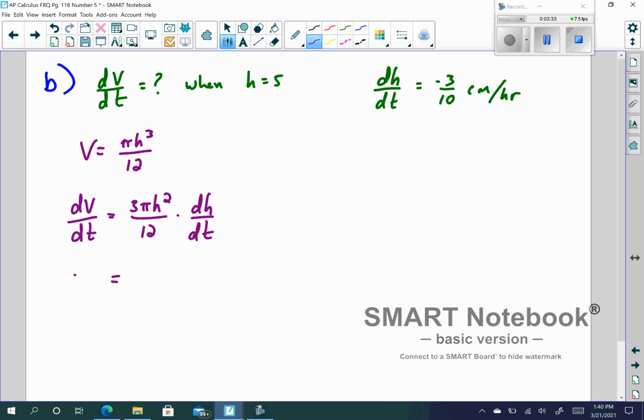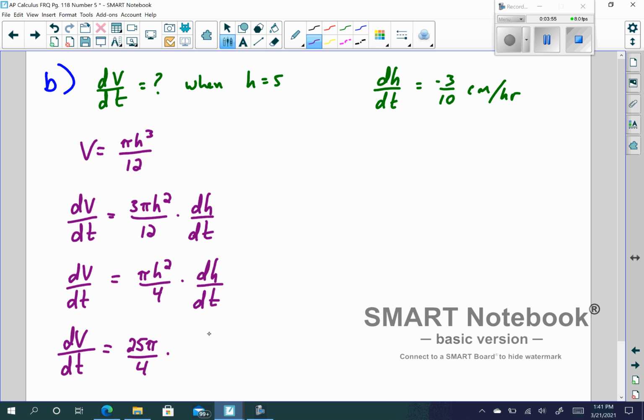And we can simplify this to pi h squared over 4 times dh over dt. And then we'll substitute. So dV over dt is going to become, that'll give us 25 when h is 5. So we'll get 25 pi over 4.